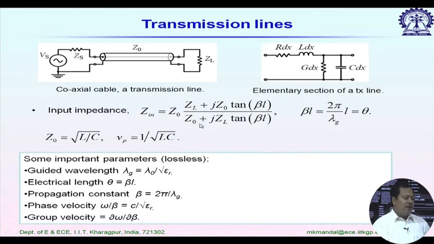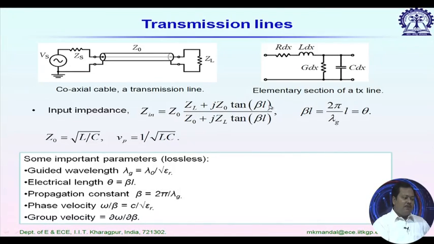So the input impedance is a function of ZL and Z0 as well as a function of beta L, theta. If we keep everything fixed and change the operating frequency, then the input impedance will change, since it is a function of beta. Beta is equal to 2 pi by lambda g.